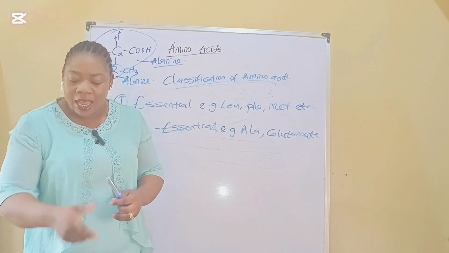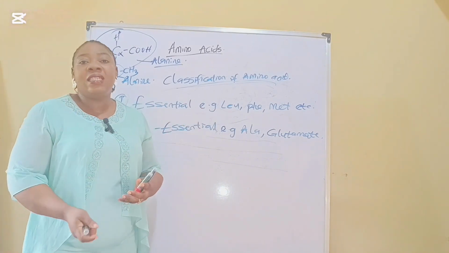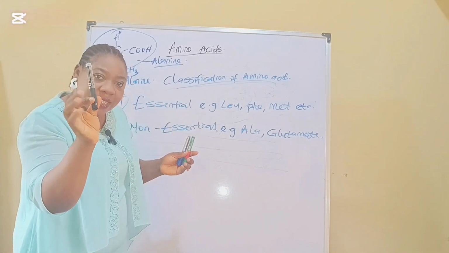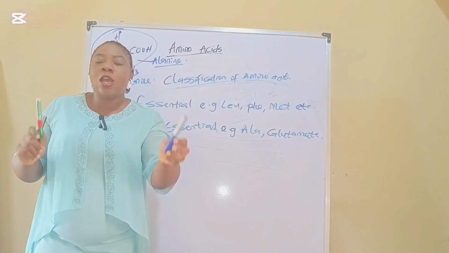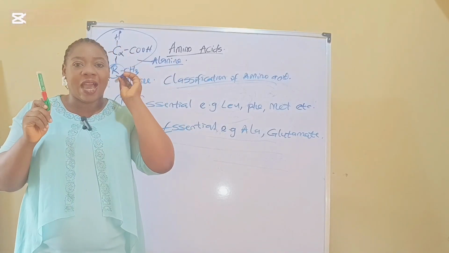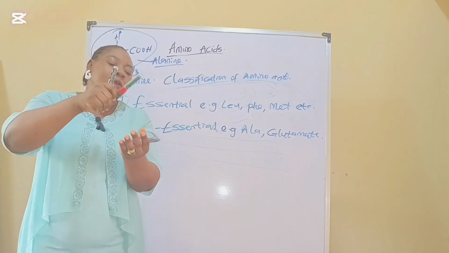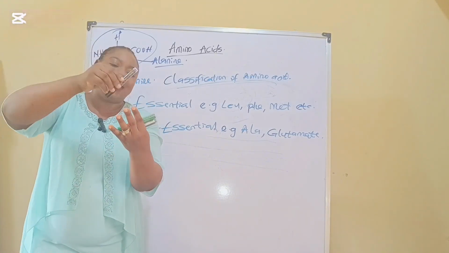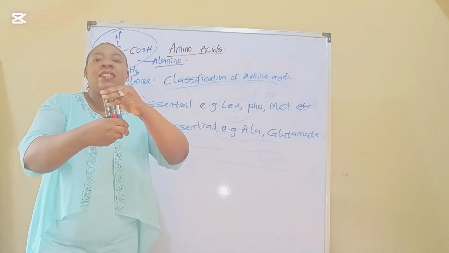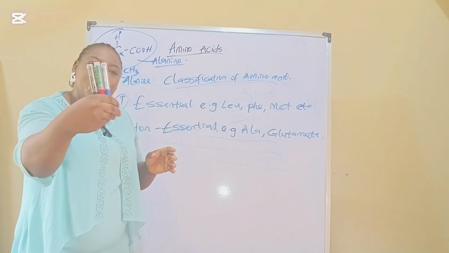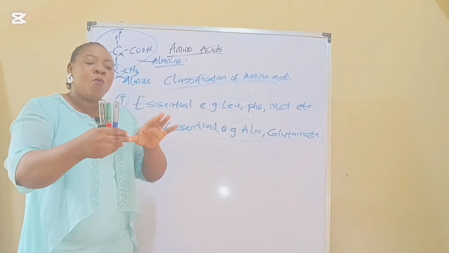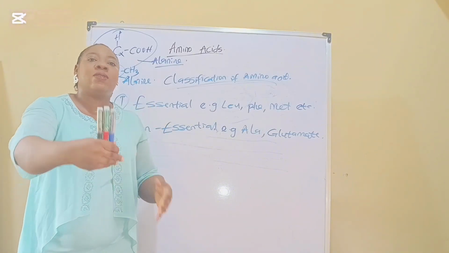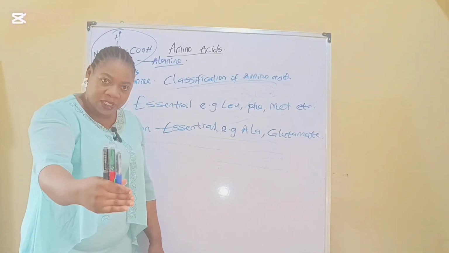Let's take for example, this is one amino acid, this is another amino acid, this is another amino acid. If I join amino acid A to amino acid B to amino acid C, this will give me a particular protein.